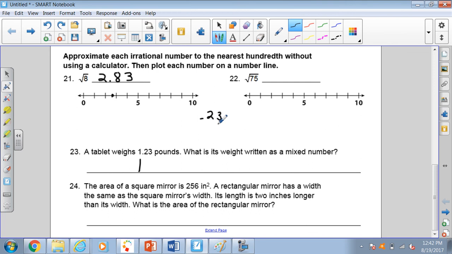So that would be multiplying 23 by 100, which would give you 23, and, right, x equals 0.23, so you multiply both by 100, okay?